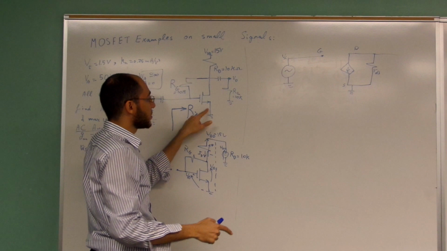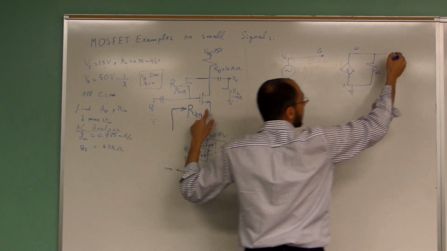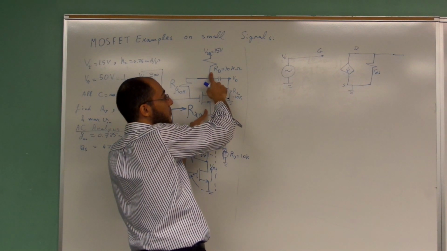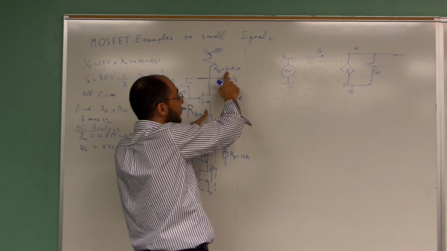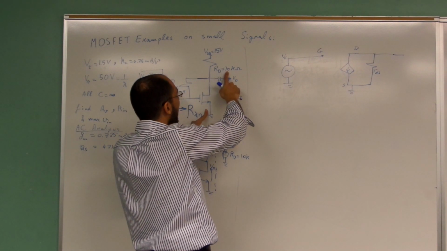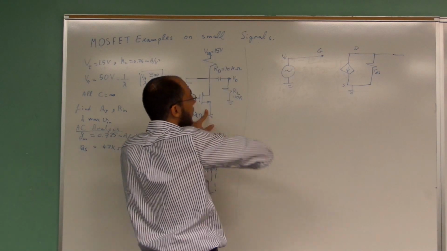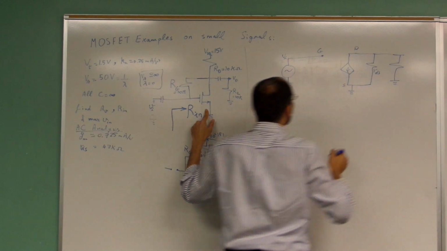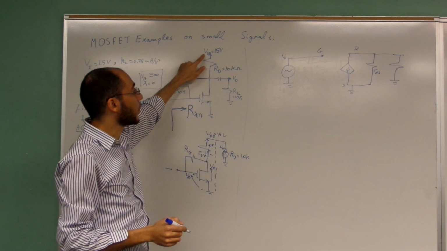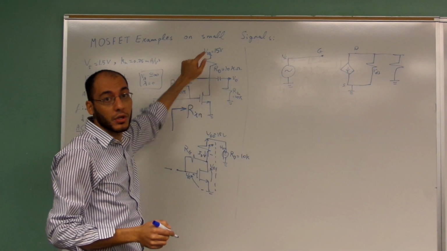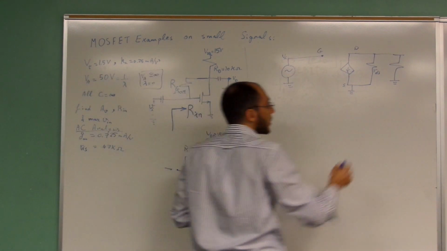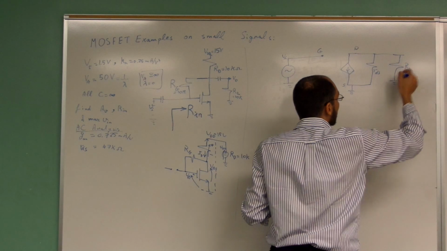The source is connected to the ground. At the drain, we have a resistance of RD equals 10 kilo ohms. The resistance is connected to the drain from one side and to the VDD from the other side, which is a short circuit to the ground. So that is RD.